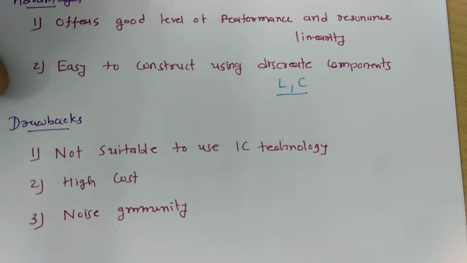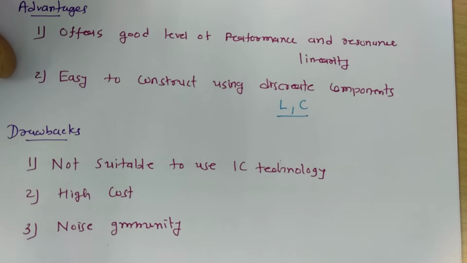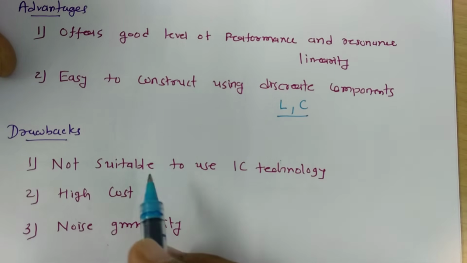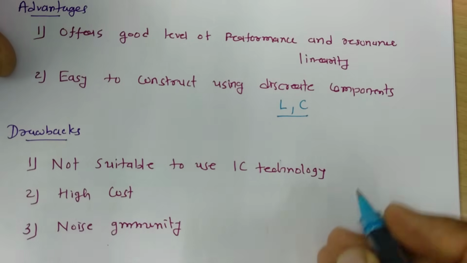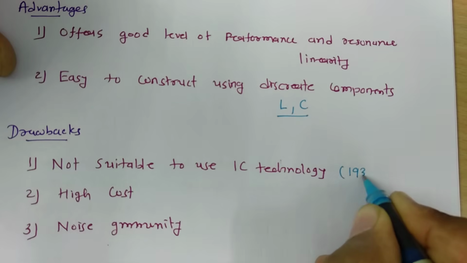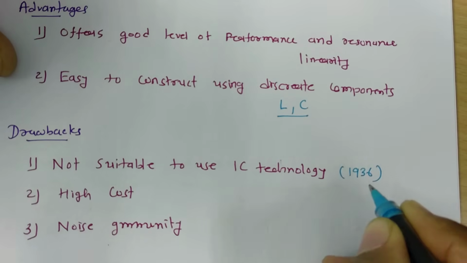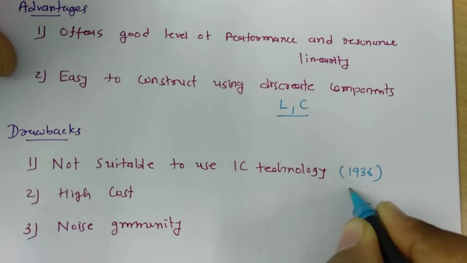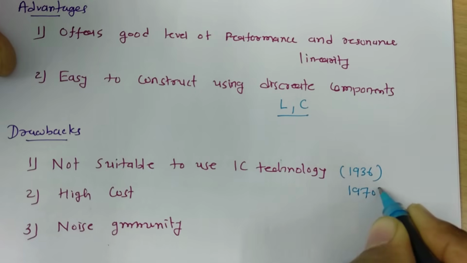Now let us see a few drawbacks. When we talk about drawbacks, it is not suitable for IC technology. This Foster Seeley demodulation technique was introduced in 1936, and IC technology came in 1970.